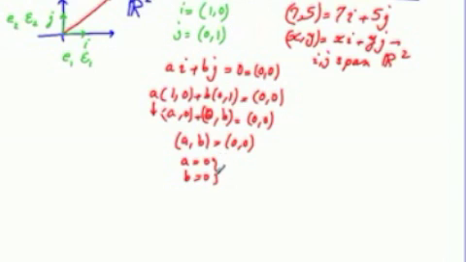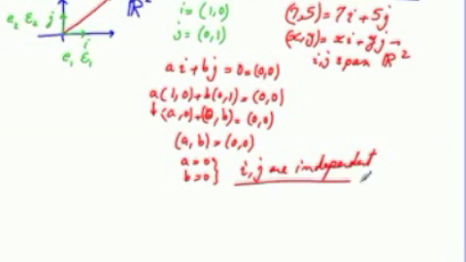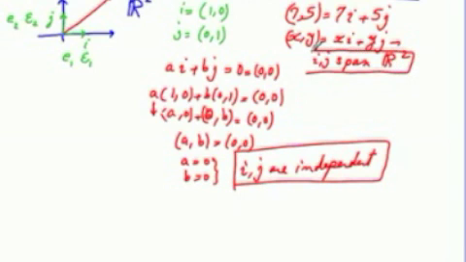The fact that we arrived at these two being 0 and no other choice tells me that I and J are independent. If I had some other choices, I knew that was a red flag, that they are dependent. Some of them could be dropped in favor of the other ones. Okay, they are independent and they span R2.